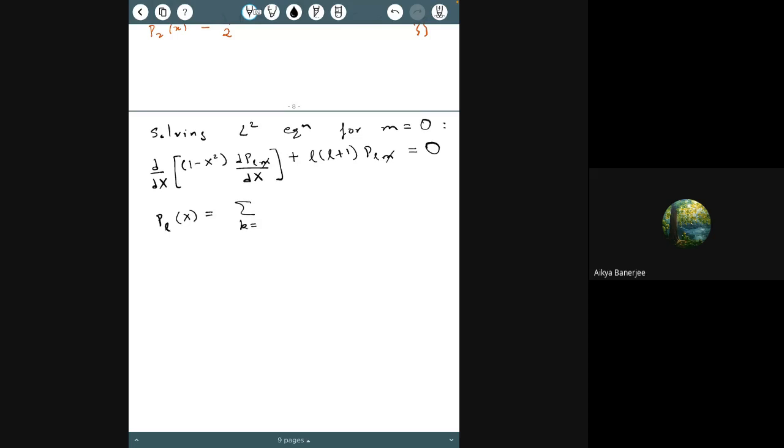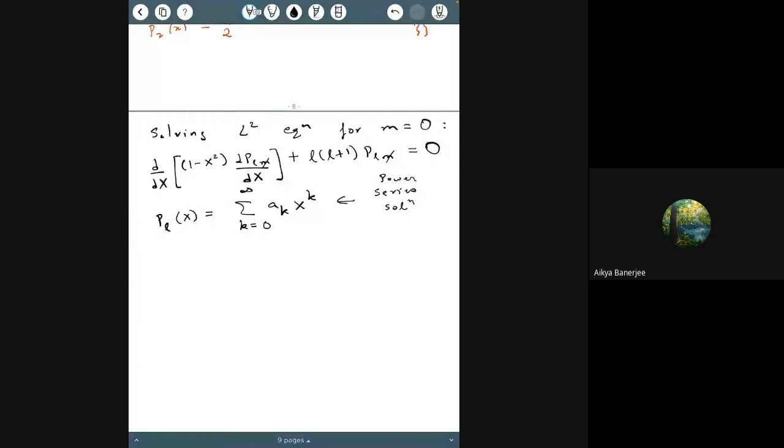So here we don't have any boundary conditions per se. In the harmonic oscillator, we had obtained this extra exponential factor which we multiplied with the power series solution. But here we'll just go with a general power series. Whatever you like. Okay.